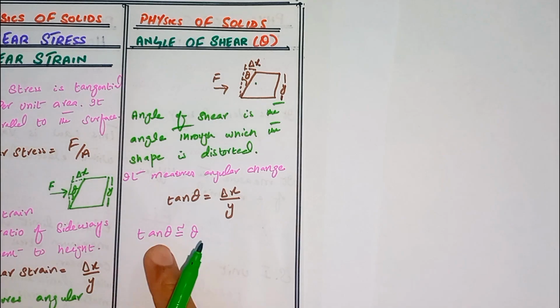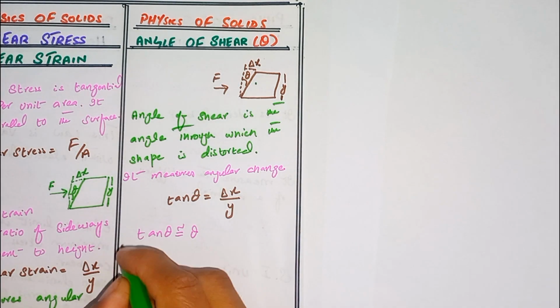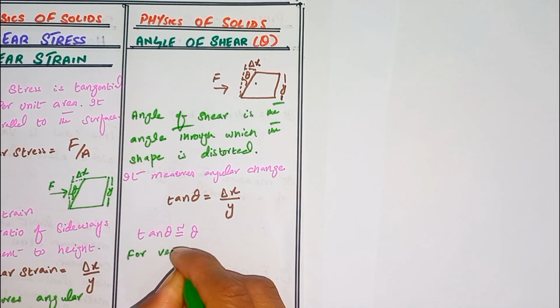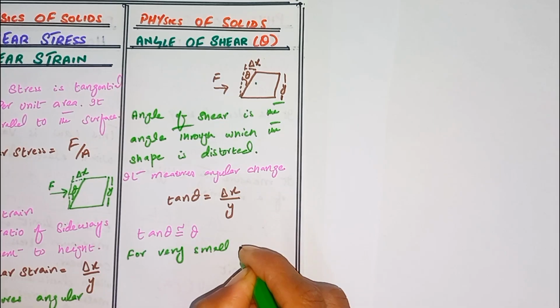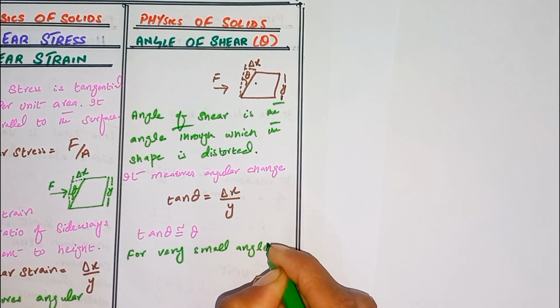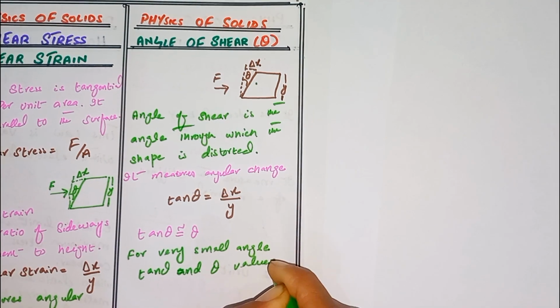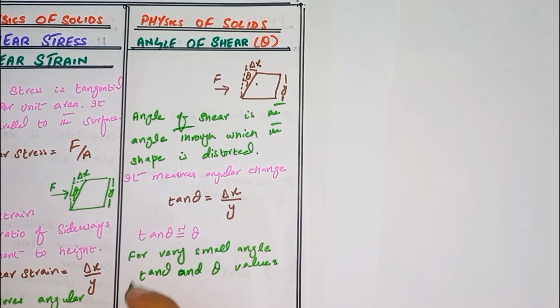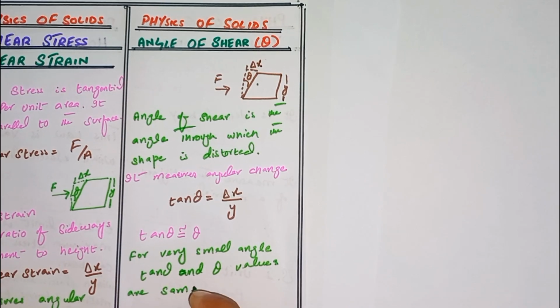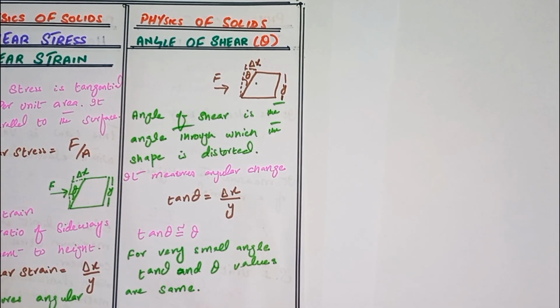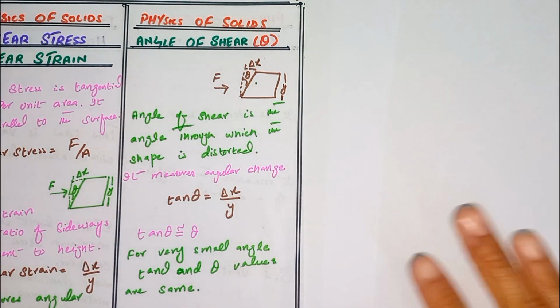Why do we write tan theta approximately equal to theta? For a very small angle, tan theta and theta values are the same. So that is all about the angle of shear we discussed today.